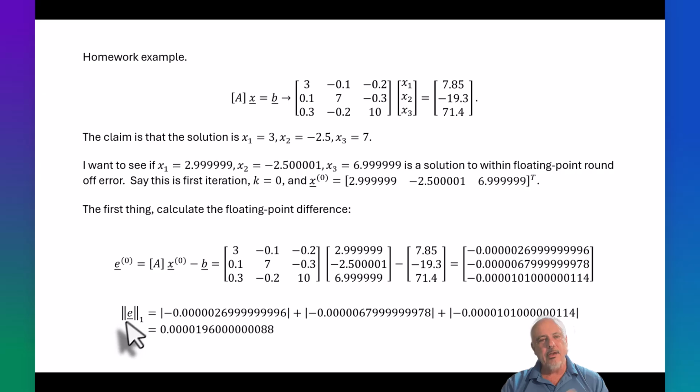When I do the one norm of that, I basically take the absolute value of each one and add those up, and I get a number that looks like this. So this is indicative of how close this x column vector is to a solution to Ax equals b. Okay, so keep that in mind.